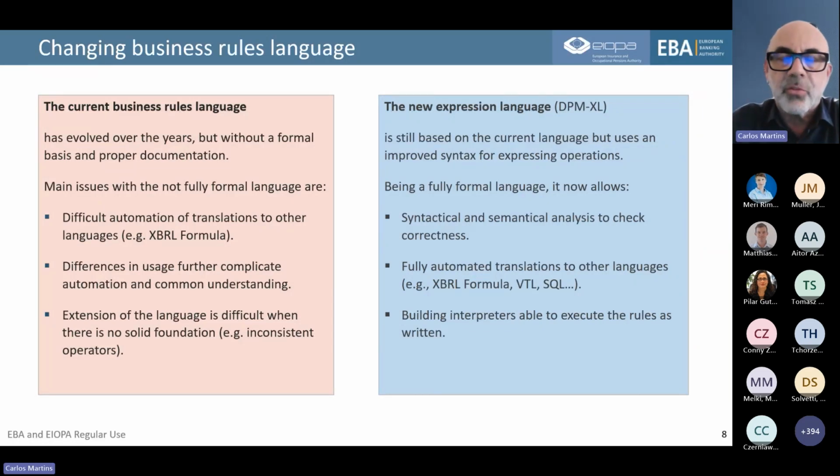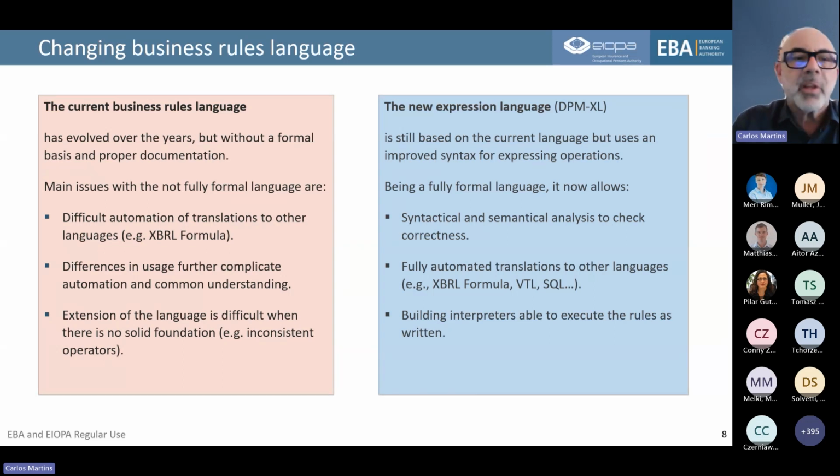About business rules language, this is not exactly part of the DPM metamodel itself, but it's something that we also evolved. This is the syntax that is used by business experts when they define the validation rules. So the current one, the one that we've been using for the last 10 years, is semi-formal, but not completely formal.